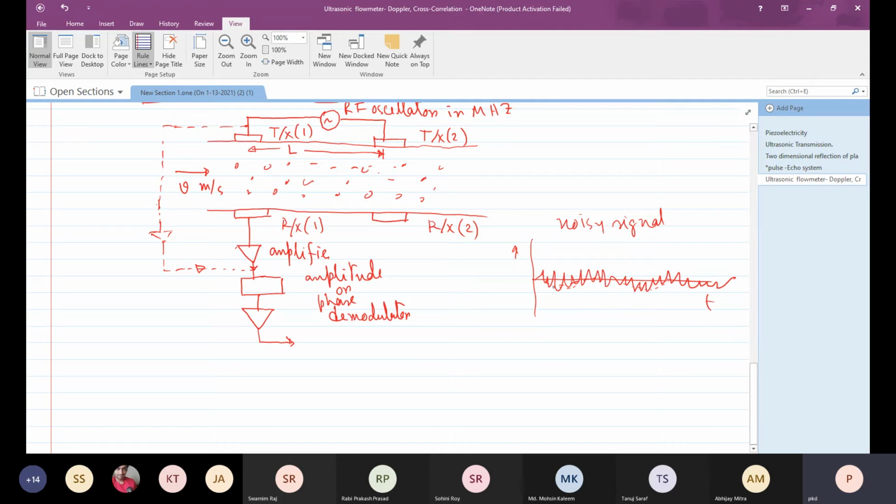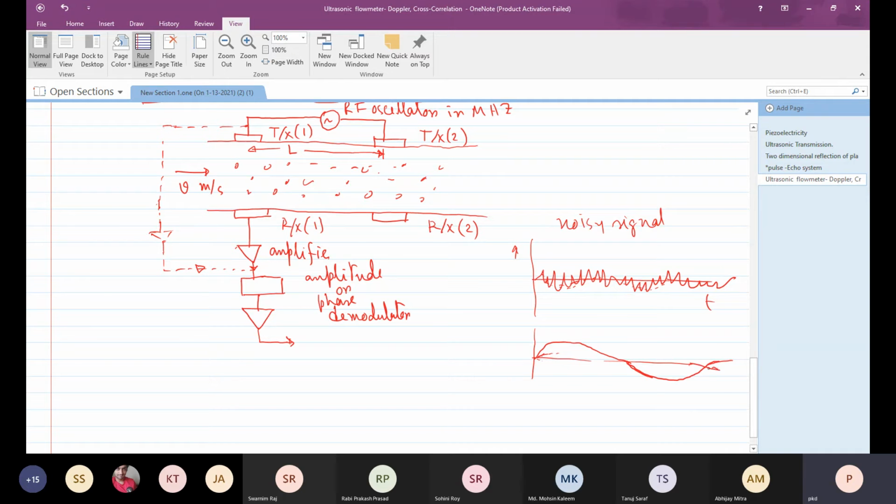So now if I want to take this small one, it will be multiplied by a reference frequency. I more or less the drawing is not good, but you can understand.